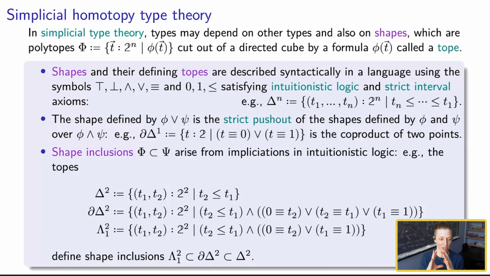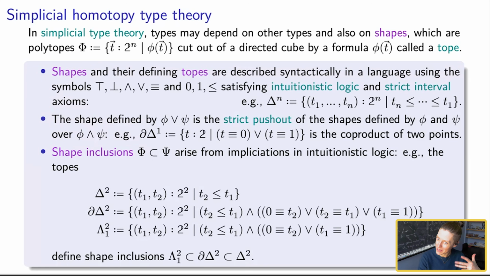And so this is how I describe the boundary inside the two simplex. And similarly, I can define a horn in the boundary. So this is given by two of the edges, the edge t2 equals 0 or t1 equals 1, but not the diagonal edge t2 equals t1. So this language allows you to introduce these simplicial shapes and their subshapes. That's kind of what we need to take away from this slide.